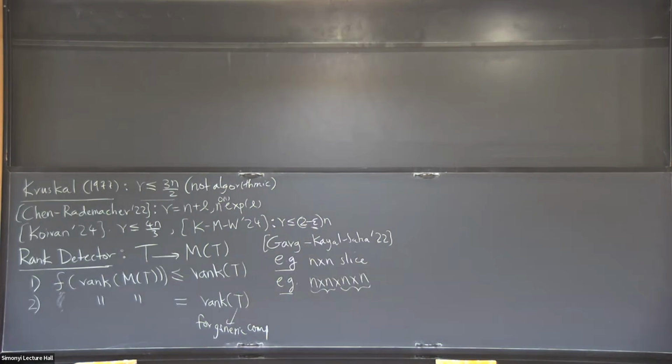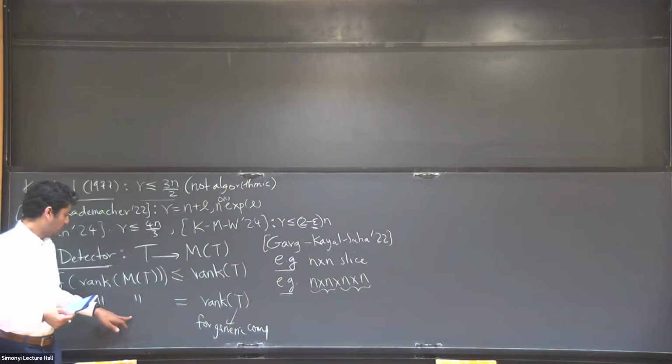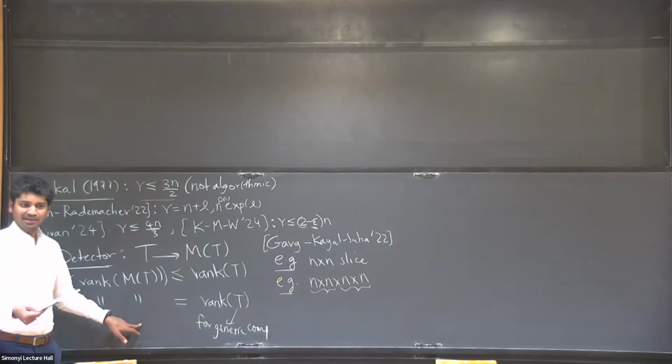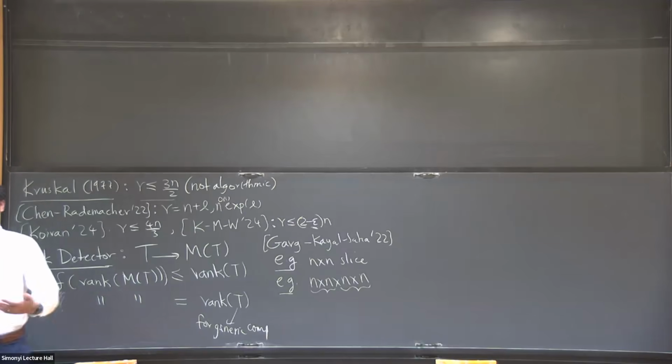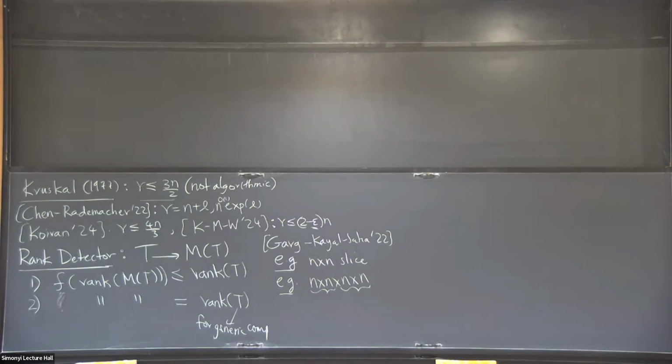Now you can again ask, up to what rank can I hope to prove both these properties? And you can see that it's going to be about n^2. By that reasoning, n^2 is in some sense the trivial benchmark for fourth order n by n by n by n tensors, and an interesting case there would be beating n^2.